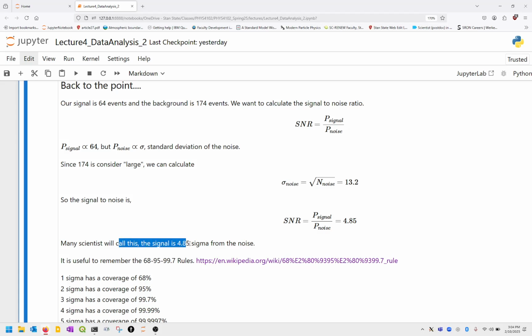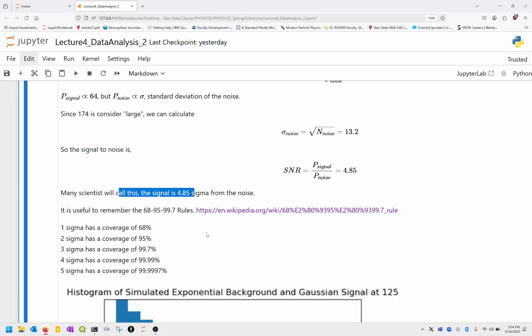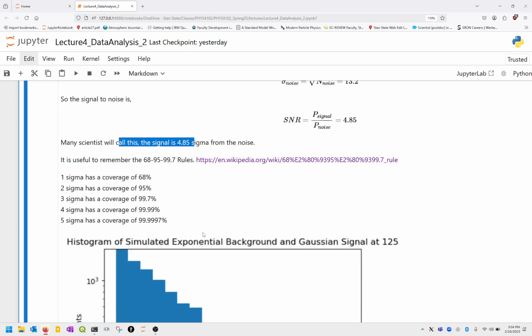Scientists will call this 4.8 sigma from the noise. How good is this? What we want to do is follow what's known as the 68, 95, 99.7 rule. You can see it on Wikipedia.